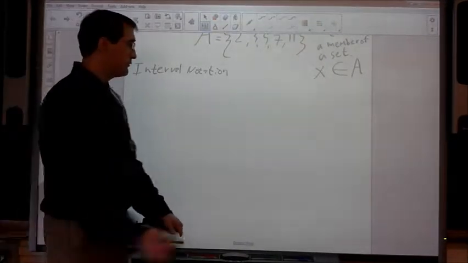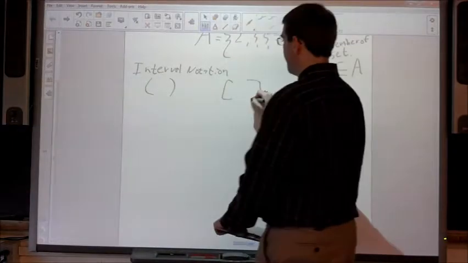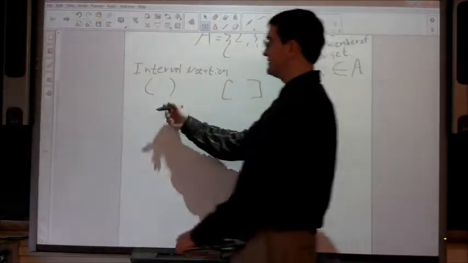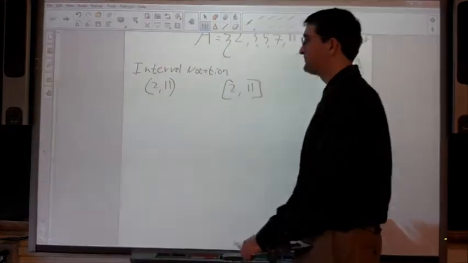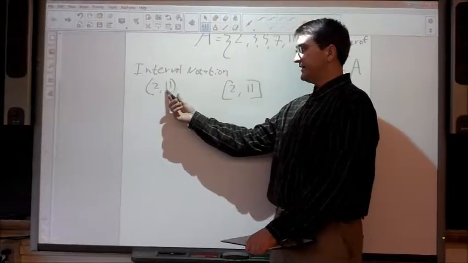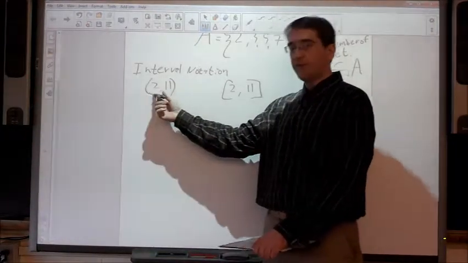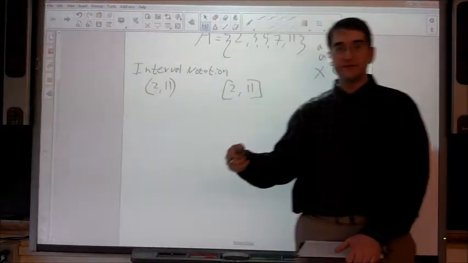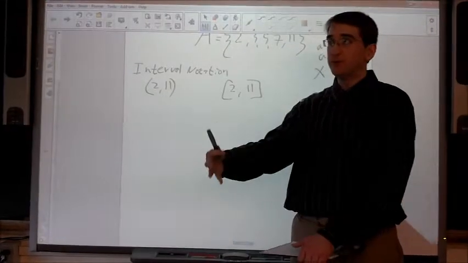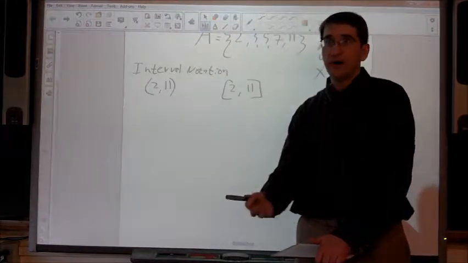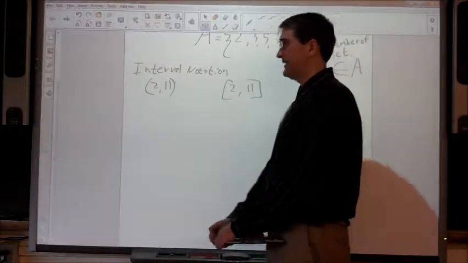But if you remember this, we had things like parentheses or the squared off brackets. So the parentheses would mean, I don't know, 2 comma 11. The way that we read this is all real numbers between 2 and 11. So it includes the integers 2, 3, 4, 5, 6, all the way up to 11. But it also includes the decimals between them, 2.5, 7.7, pi, for example, is in that interval.